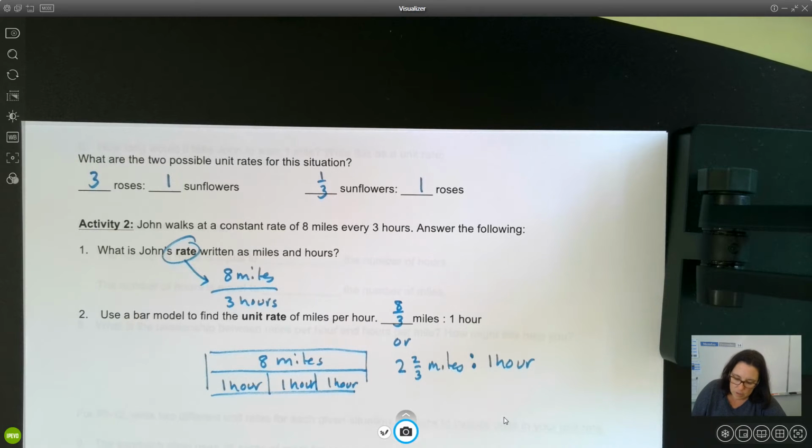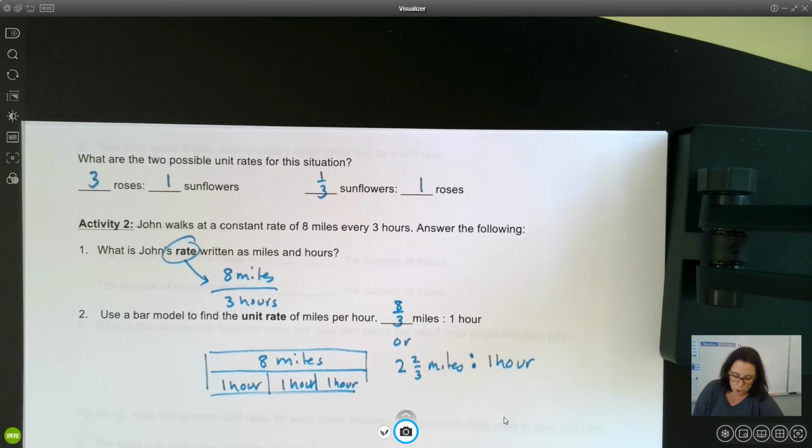And each of these is 2 2/3. So we can actually think of it like this: 2 2/3 miles, 2 2/3 miles, 2 2/3 miles, 2 2/3 miles, 2 2/3 miles. Now, if you add up all those, you would end up with 13 1/3 miles, okay?